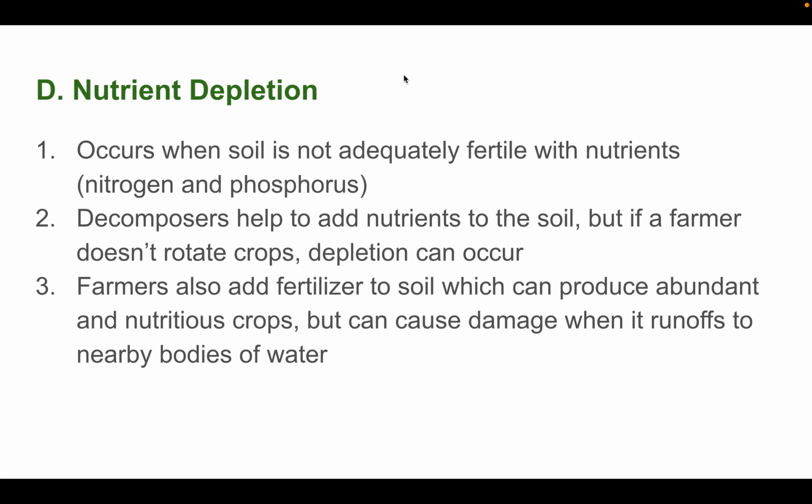And then with the soil erosion, nutrient depletion. This happens when the soil doesn't have a lot of nitrogen or phosphorus in it. So you need decomposers. They break down dead things, and they will add these two elements as well as other nutrients to the soil.